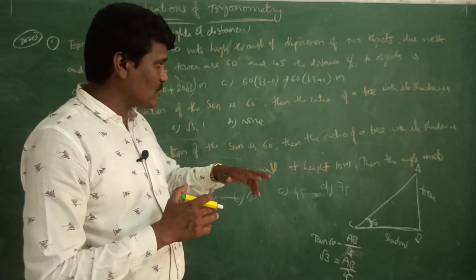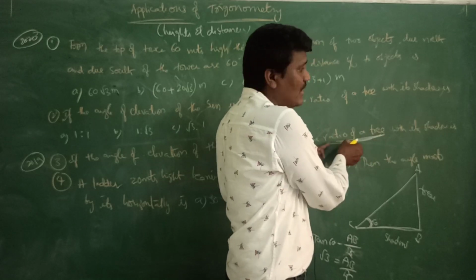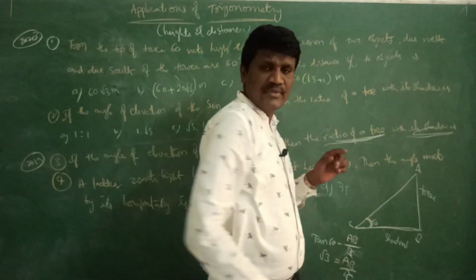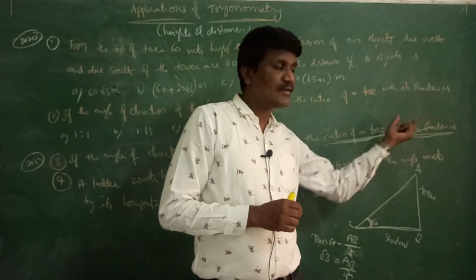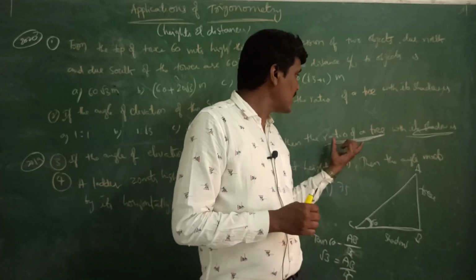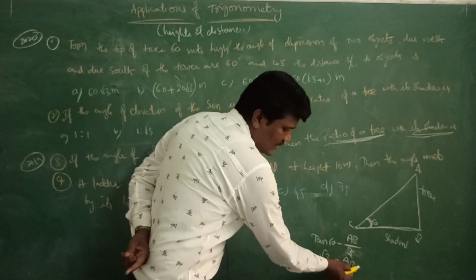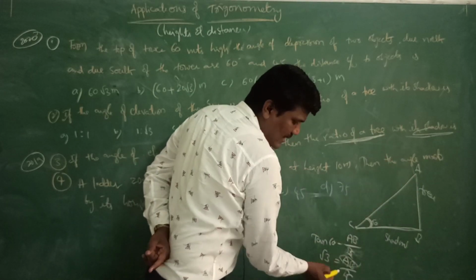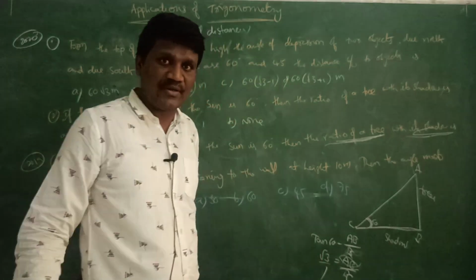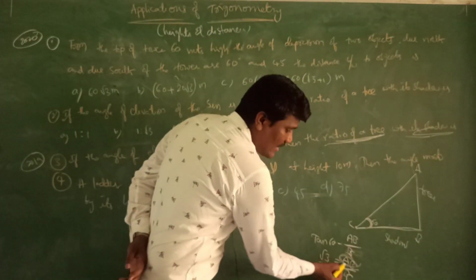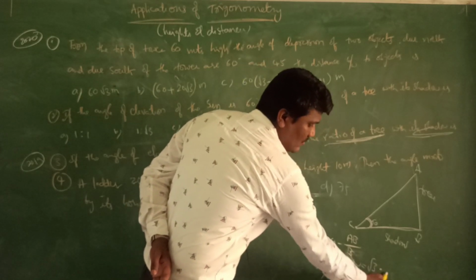Once again read the question. The ratio of tree with its shadow, that is the most important. Sometimes they may ask the ratio of shadow with tree. Tree should be in the numerator and shadow in the denominator. AB is the tree and BC is the shadow, so the ratio is root 3 by 1, which is root 3 is to 1.